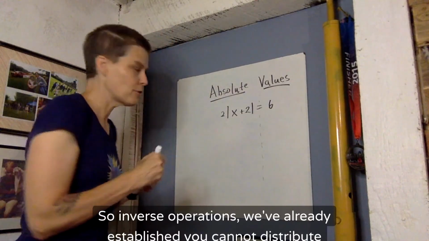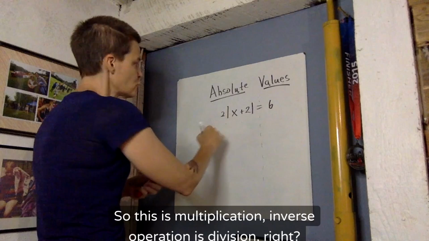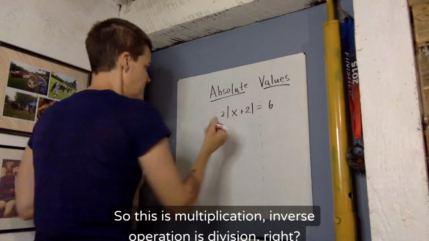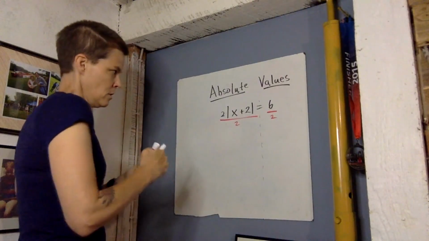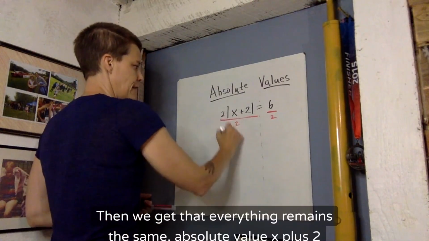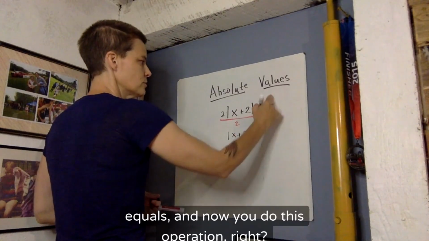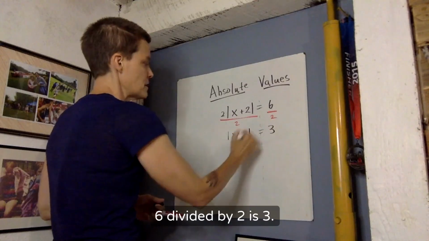So inverse operations, we've already established you cannot distribute this. So this is multiplication, inverse operation is division, right? Divide by 2, divide by 2. Then everything remains the same: absolute value of x plus 2 equals, and now you do this operation, 6 divided by 2 is 3.